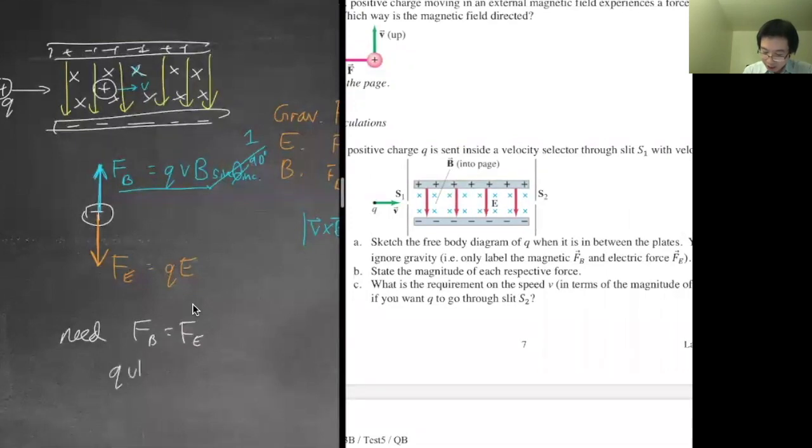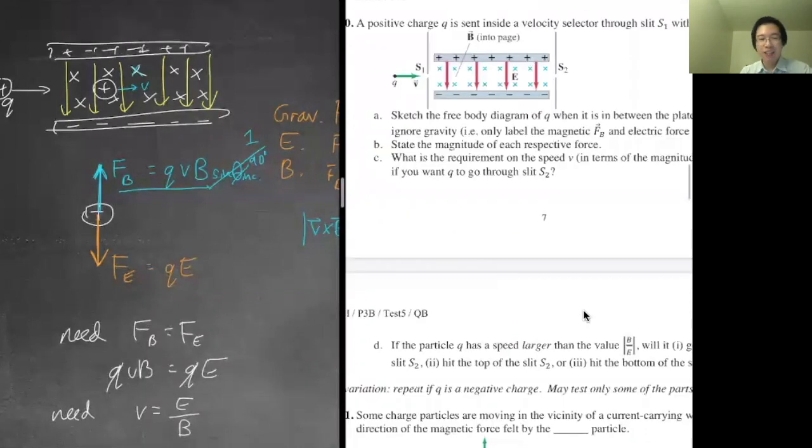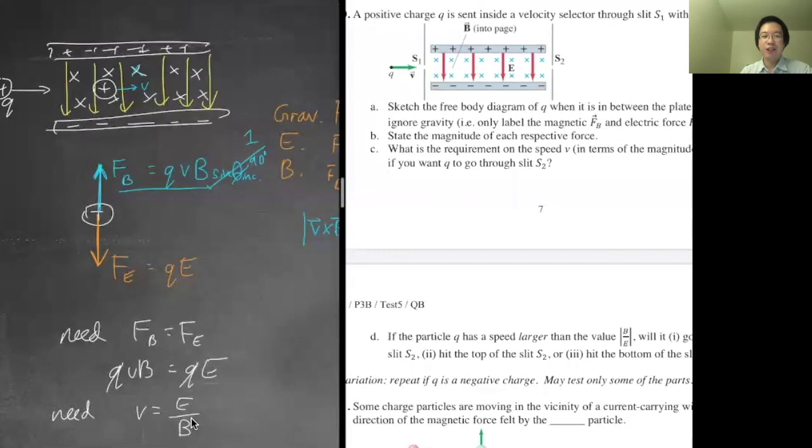And that means you need the velocity to be exactly the ratio of the electric field strength to the magnetic field strength, V equals E over B. You don't need these 2 steps to derive it to get the full points. I will probably write it, unless you memorize it. Honestly, I won't commit this to memory, because it's hard to remember which one's on top and which one's on the bottom.